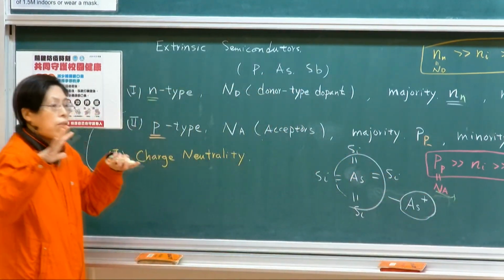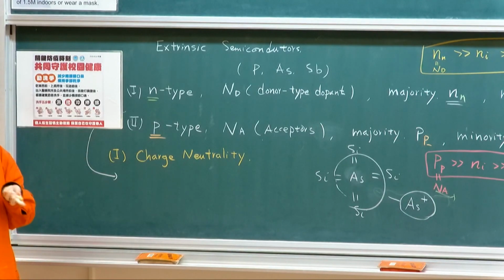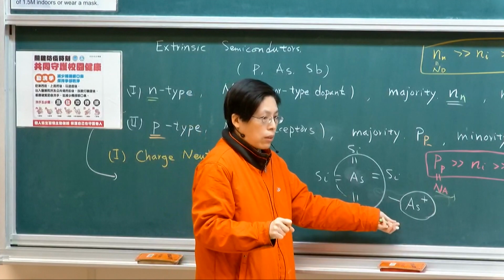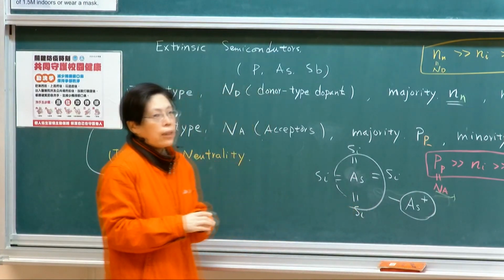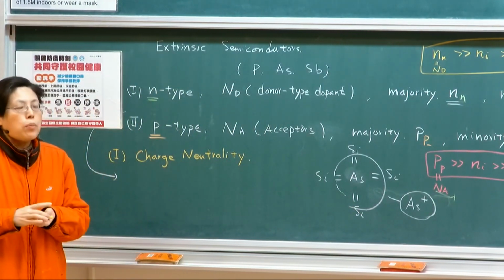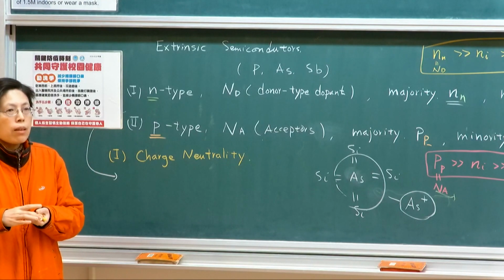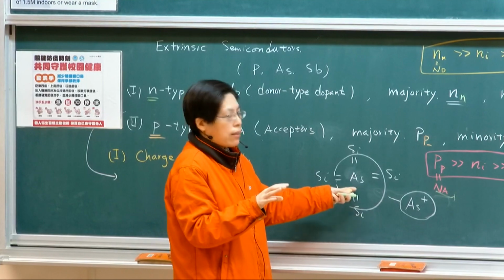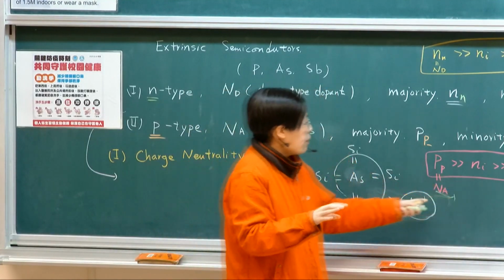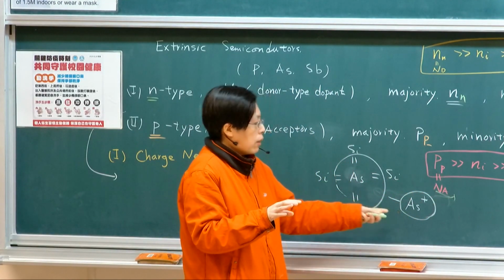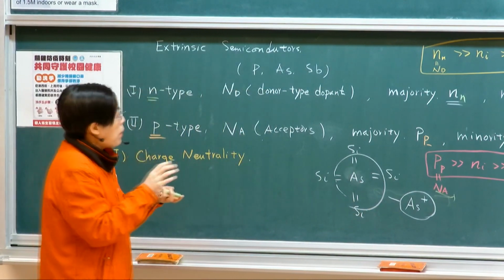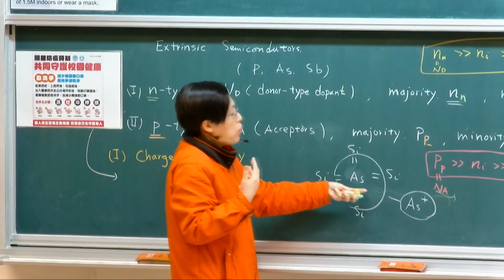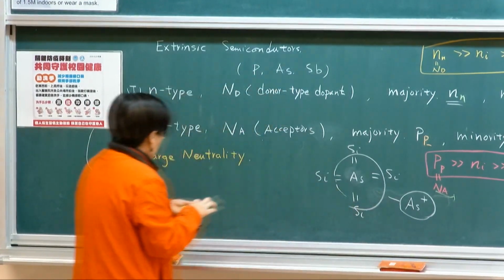It's supposed to contain 5 valence electrons. One of the electrons left. Therefore, it will be a positive charge dopant. So this is more like ionization. We call it ionization because the electron left, therefore it will be positively charged. So you have to think of the dopants: all of the electrons are donated into the system, therefore it will remain positive charge.